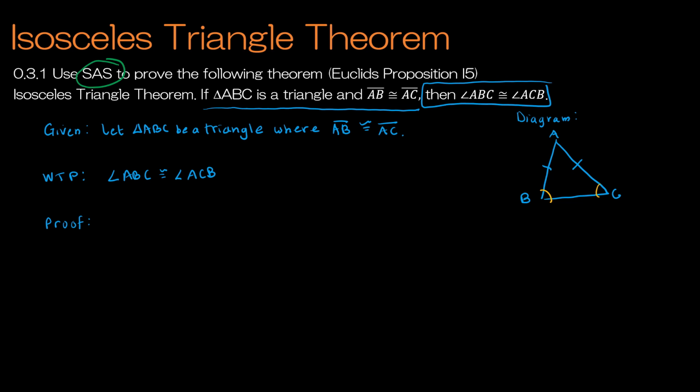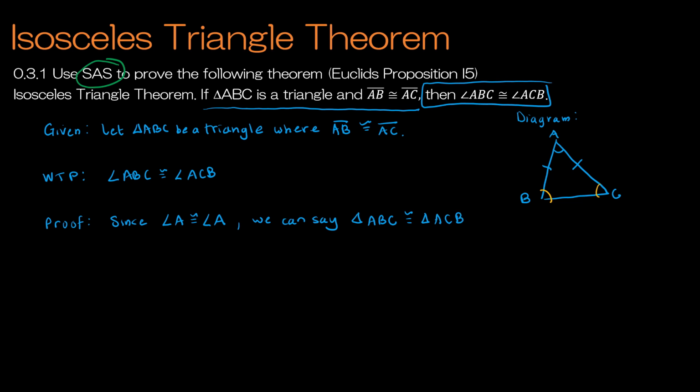All I'm going to say is since angle A is congruent to angle A, so now I've got angle A congruent to angle A, and I've got AB is congruent to AC, we can say triangle ABC is congruent to triangle ACB.